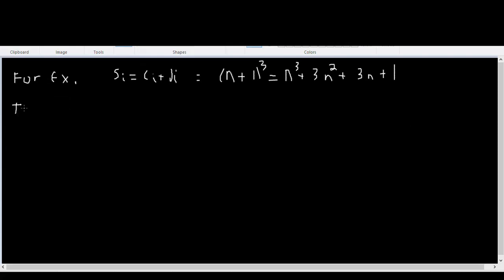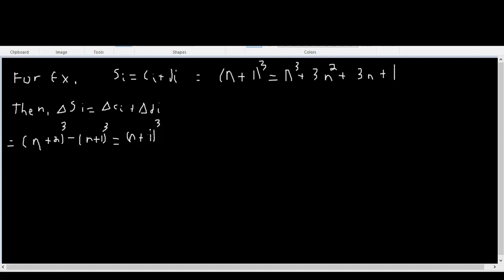So let's do an example, using that same equation. S sub i equals c sub i plus d sub i, which equals n plus 1 cubed equals n cubed plus 3 times n squared plus 3n plus 1.